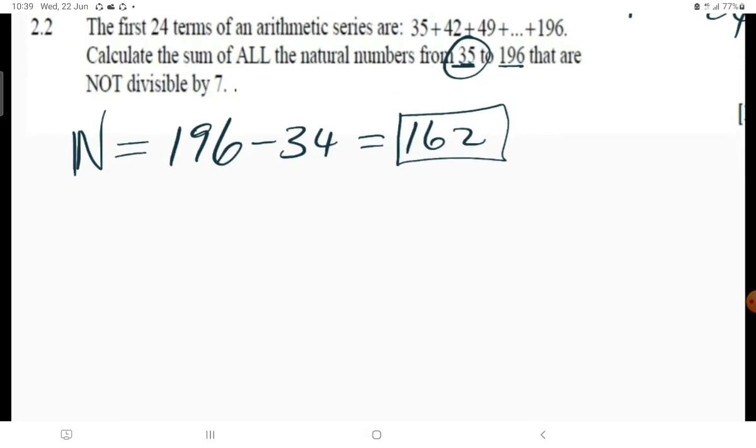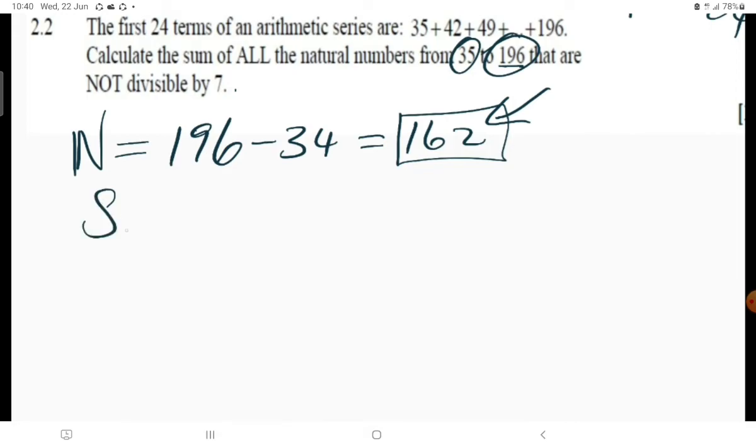Moving forward, we can now calculate the sum of all natural numbers from 35, because we know the number of these terms. Starting from 35 to 196, we have the first term and the last term, which makes things easy for us to use that formula. Now, what are we having?